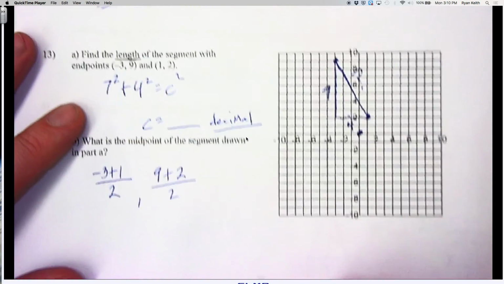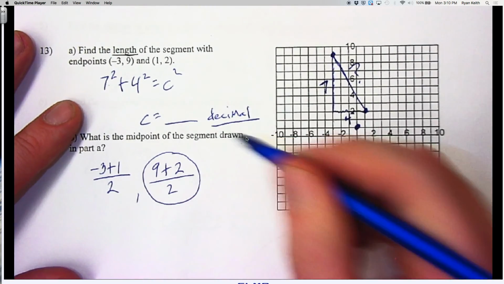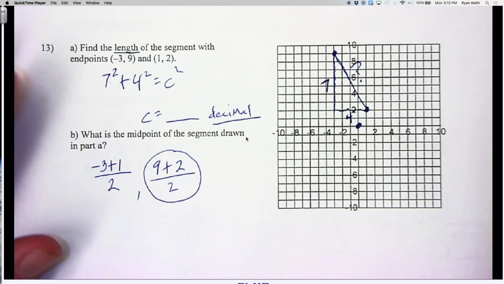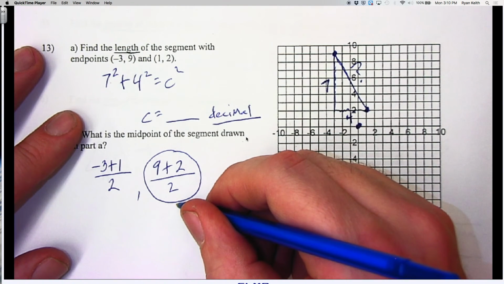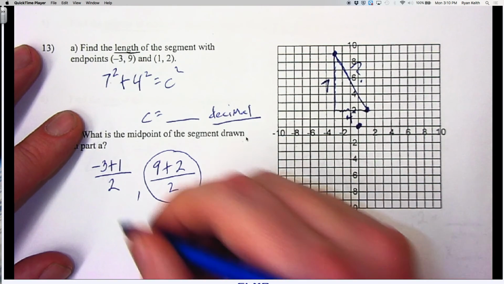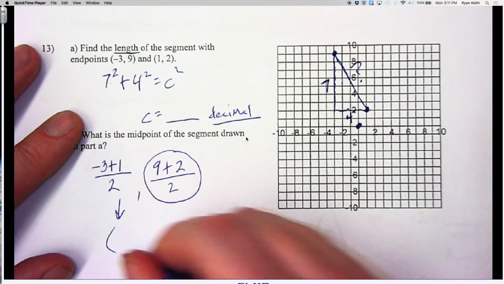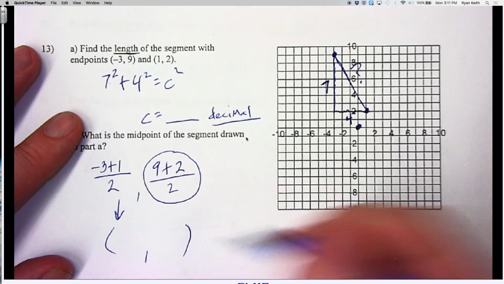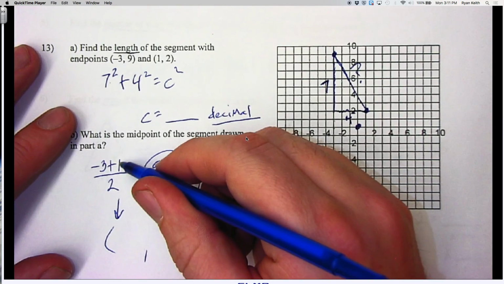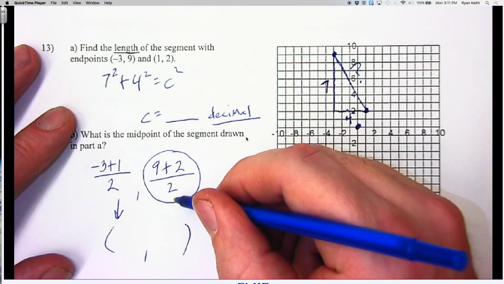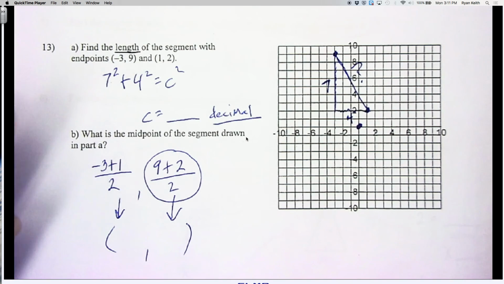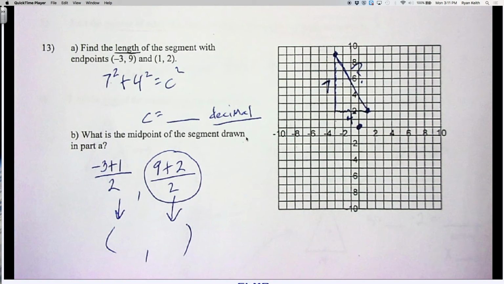Oh no, it looks to me like this one here, 9 plus 2 is 11. 11 divided by 2 doesn't exactly work out all that well. So what? You can handle decimals every now and then, right? But do this calculation. There's the first part of your midpoint. Do that calculation. Get the decimal like I said. And that's the second part of our midpoint. And that's all there is to it. That's the midpoint formula.